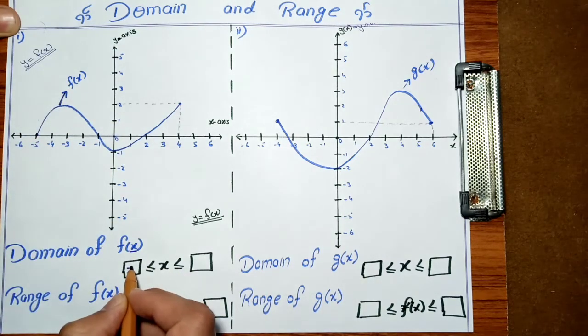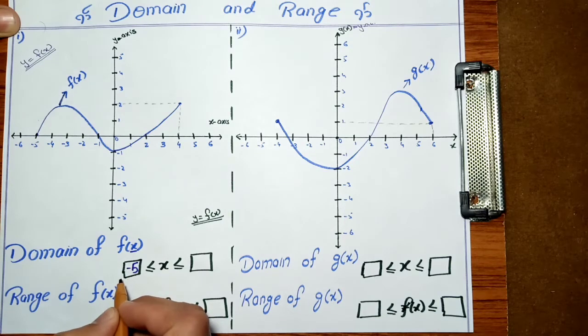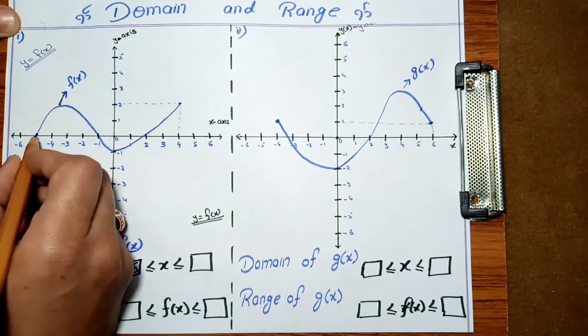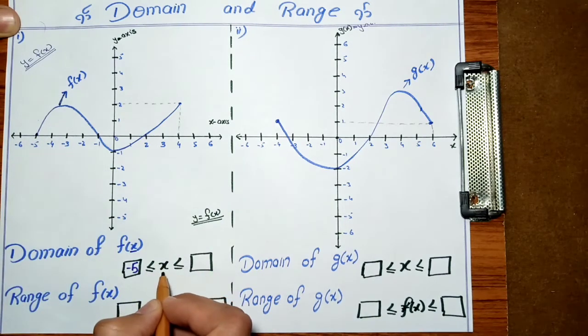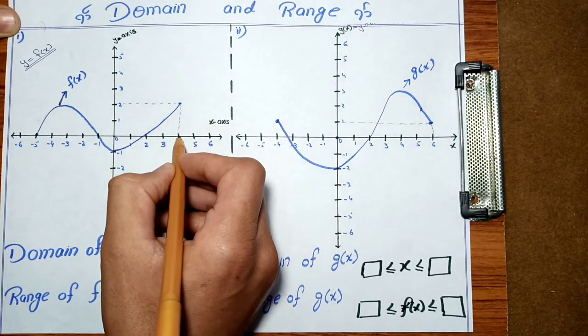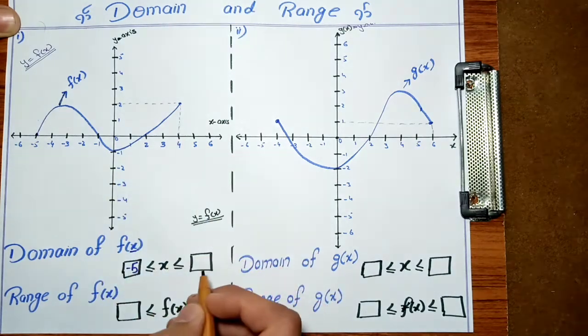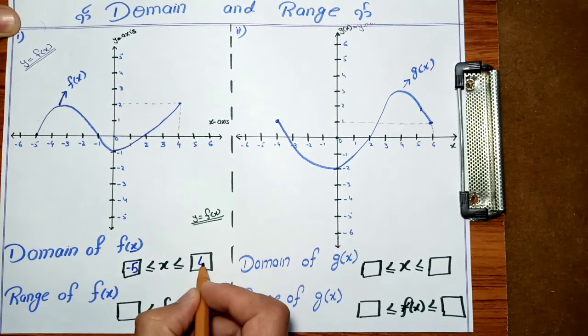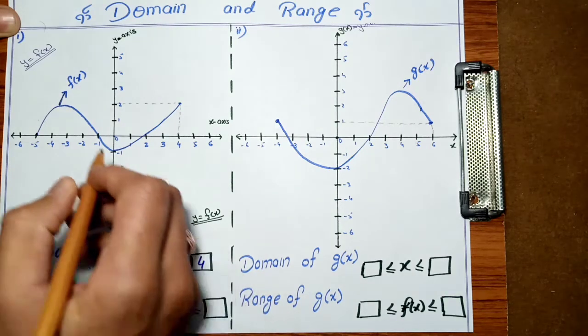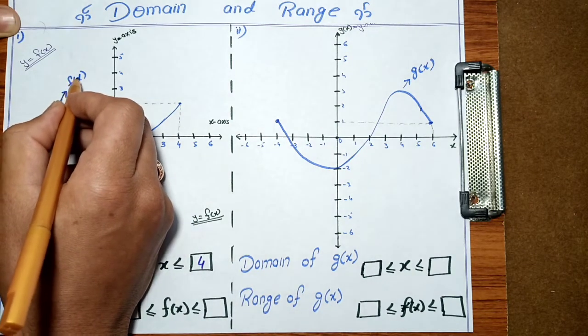So here minus 5, greater than or equal to, going up to positive 4. It will be the domain of the function f of x.